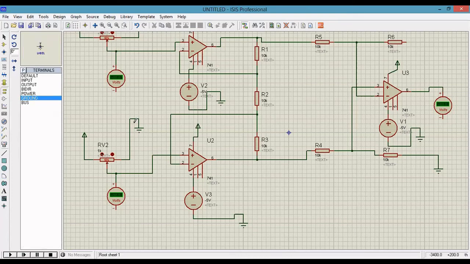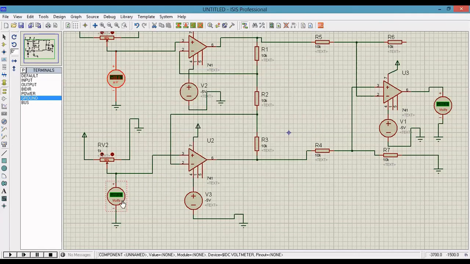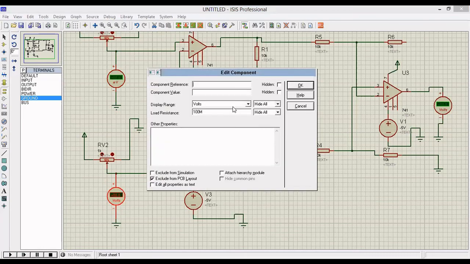Connect the ground pin. Double click this voltmeter. Set the range to millivolt and click the OK button. Here also millivolt.